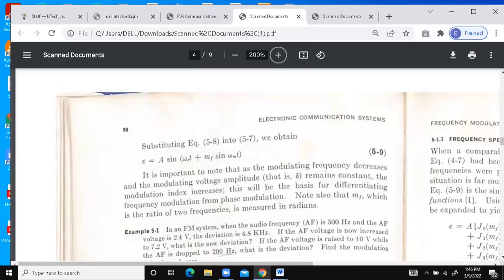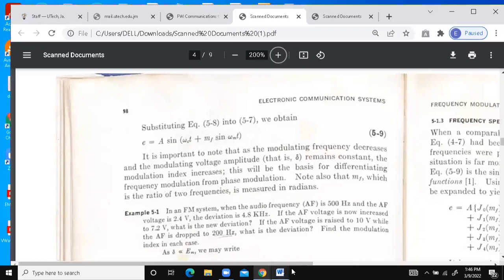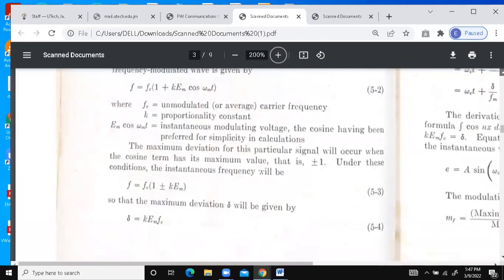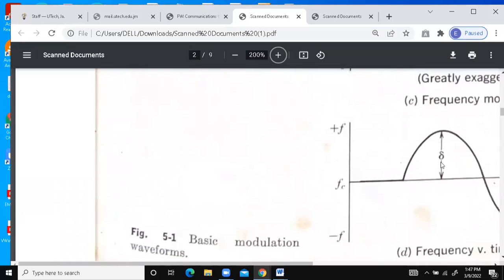So look how simple this is now. This is your deviation, right? The deviation is directly proportional to the maximum voltage. If you look back here, see a deviation.